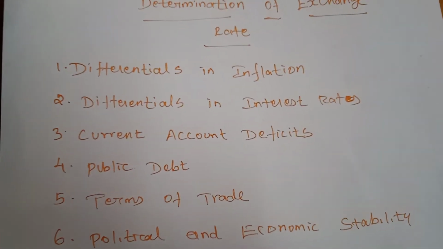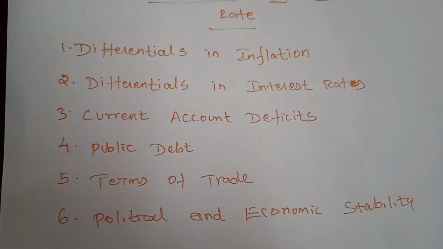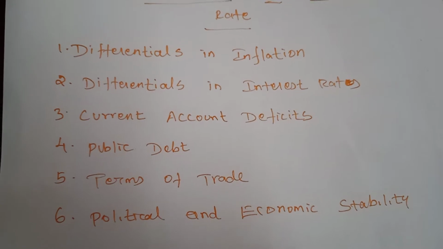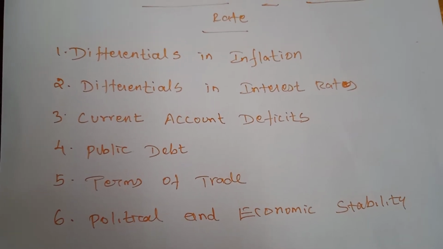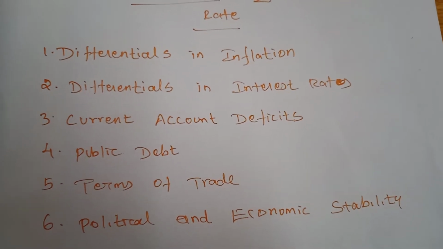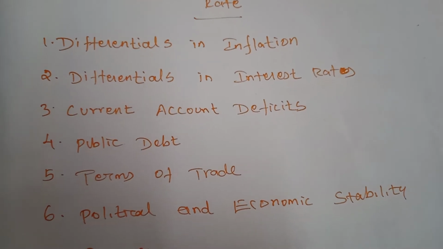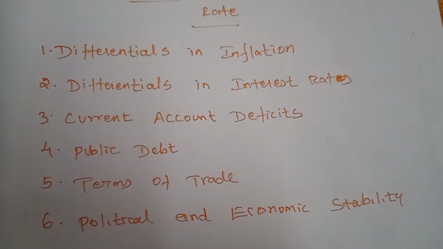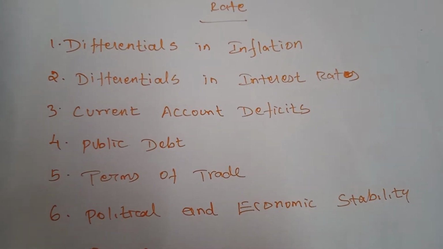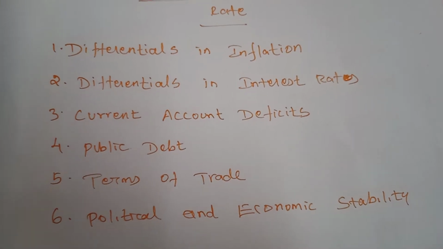First one is differentials in inflation. Inflation and the exchange rates are inversely related. A country with a consistently lower inflation rate exhibits a rising currency value as its purchasing power increases relative to other currencies. Normally, when the inflation rate of one nation is very low, the currency rate will also be increasing.